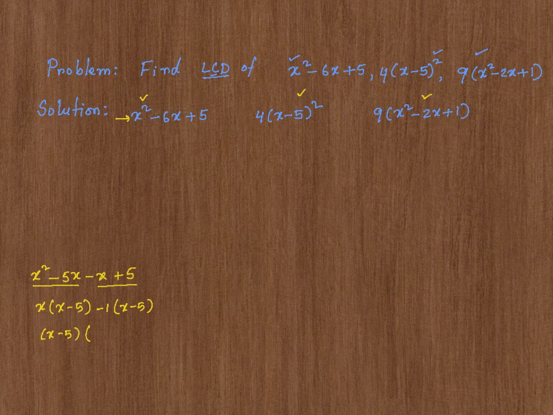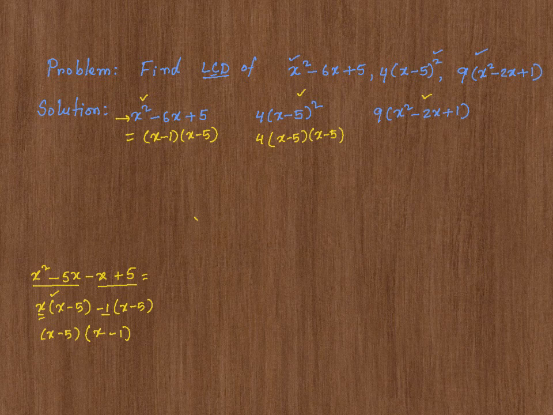If I factor out x minus 5 from this term, I will be left with x, and from this term I will be left with negative 1. So this is equal to x minus 1 times x minus 5. That's the factorization of this. And the factorization of this is very easy: 4 times x minus 5 times x minus 5.